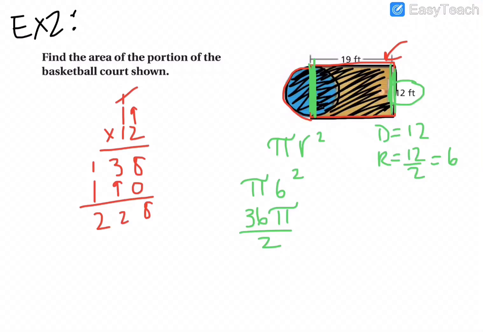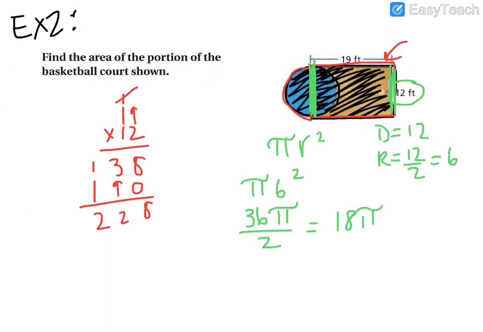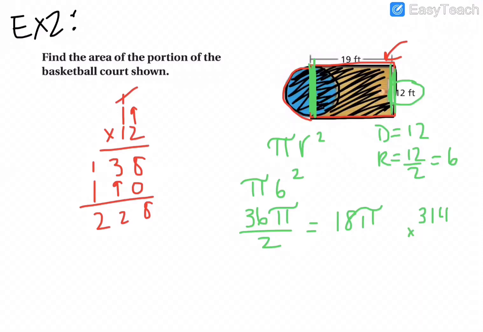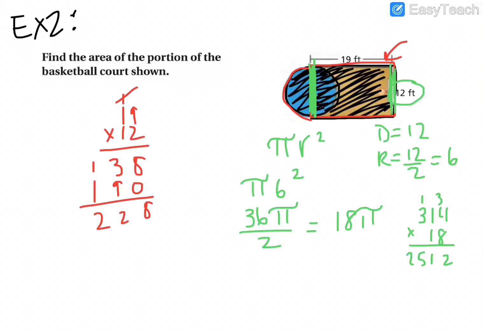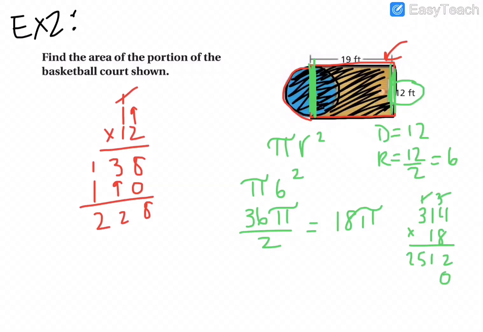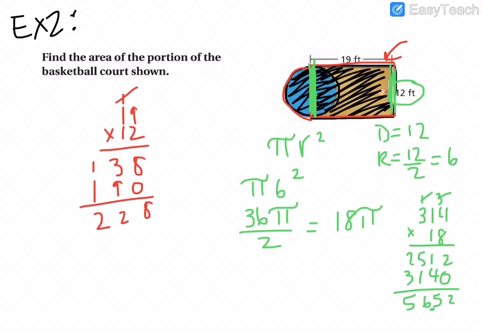So let's do 36 divided by 2 first, which is 18 pi. And when we multiply that out, we end up with 56 and 52 hundredths.